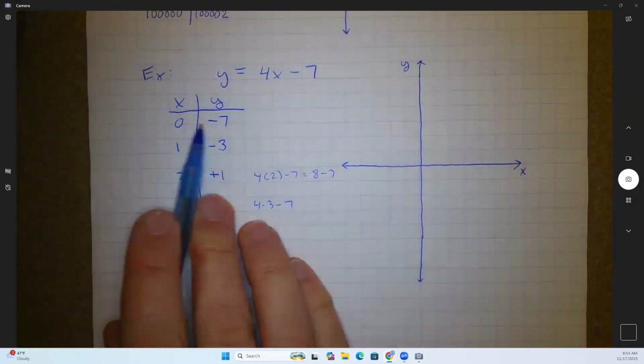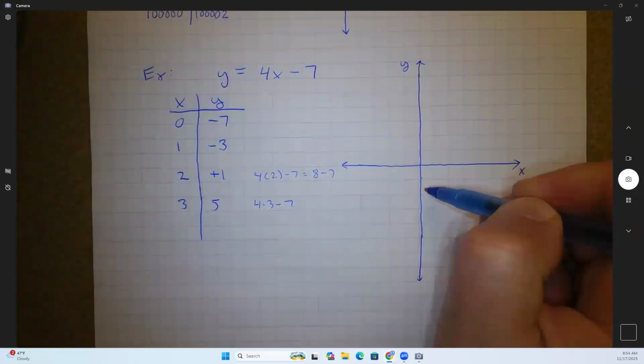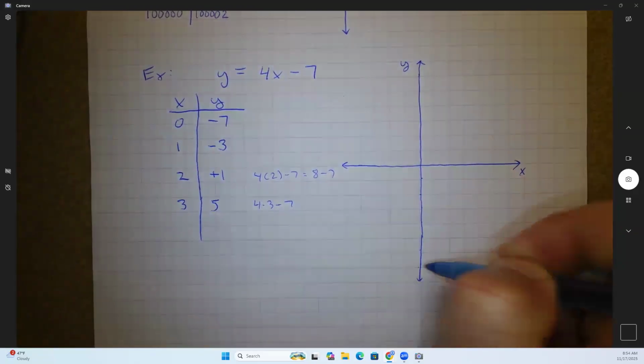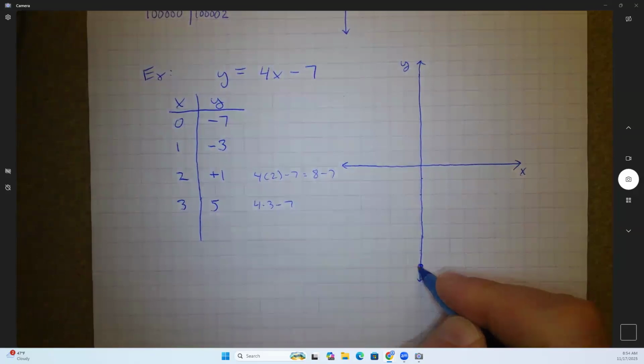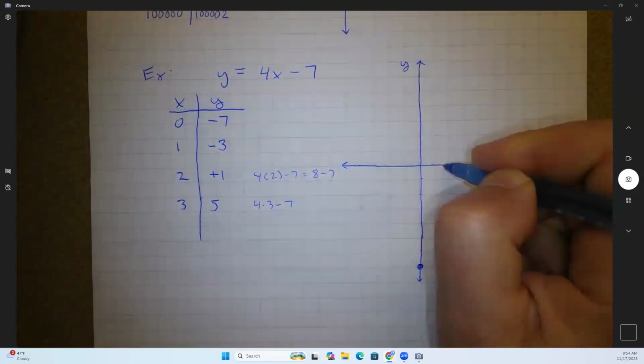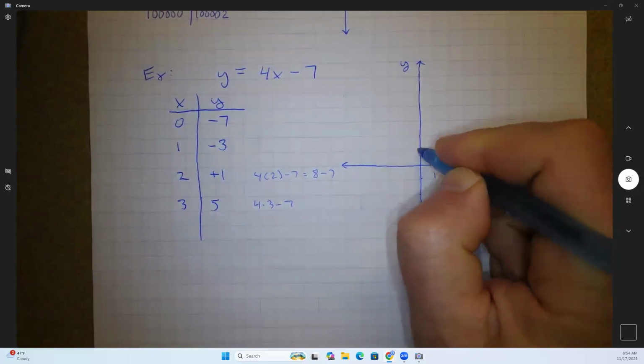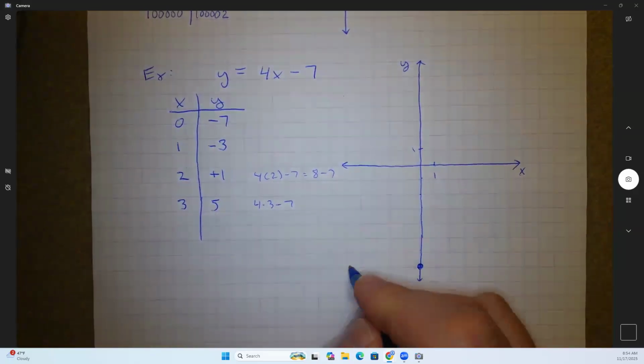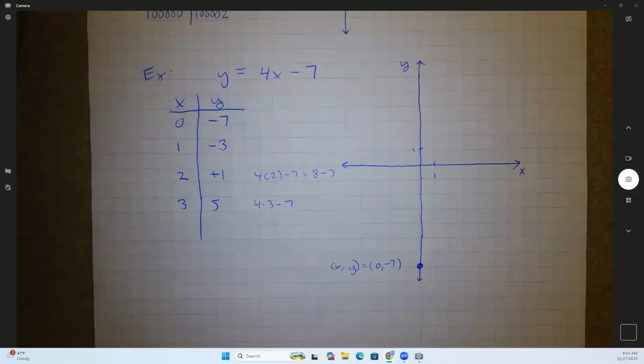When x equals 0, y equals negative 7. 2, 3, 4, 5, 6, 7. So it's starting down here at x, y equals 0, negative 7. Starting is not really the right word because it's going to continue to both sides.